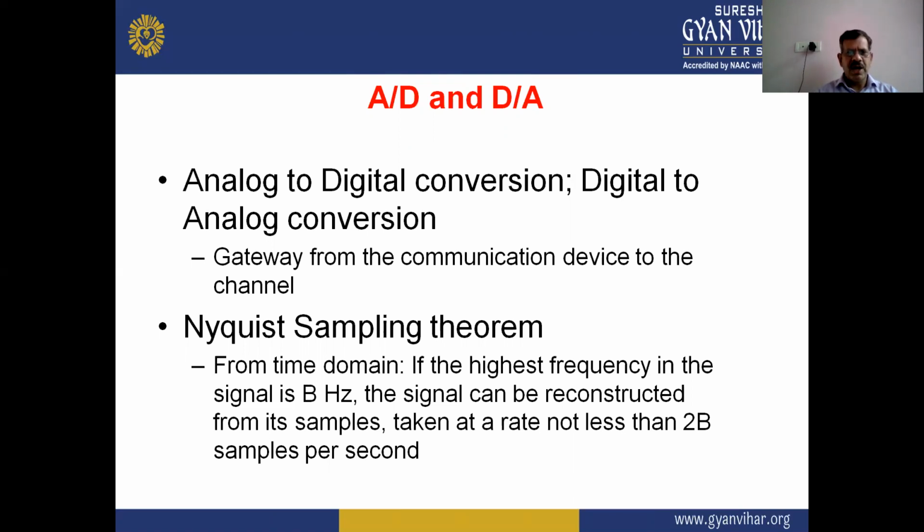From the time domain, if the highest frequency in the signal is B Hertz, the signal can be reconstructed from its samples taken at a rate not less than 2B samples per second. So this is the Nyquist sampling theorem in the communication field.